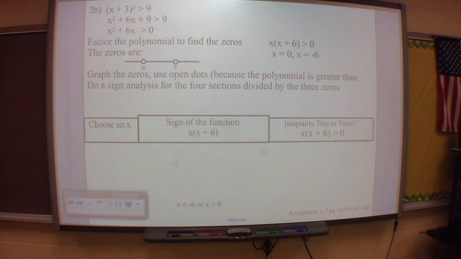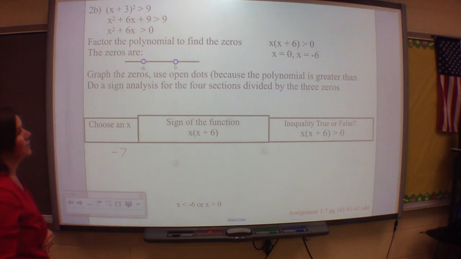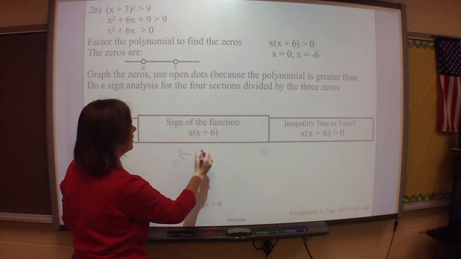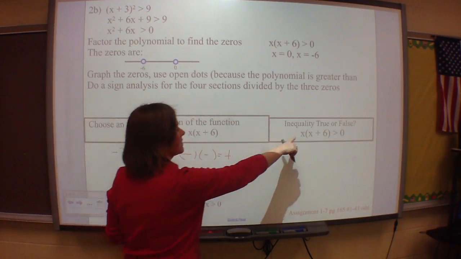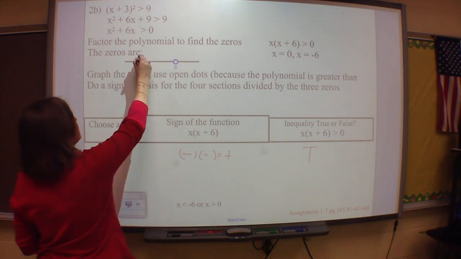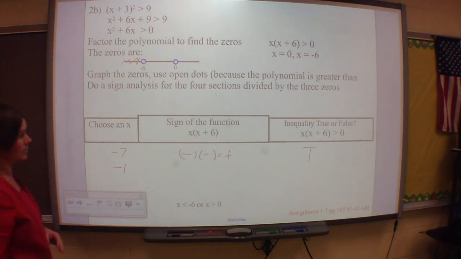And do the same thing like we've been doing before. Pick a point. Let's say negative 7. When I pick negative 7 and plug it in here, I have a negative times a negative, which gives me a positive. Is a positive number greater than 0? That is true. So it's true for negative 7. Pick something between negative 6 and 0. Let's say negative 1.